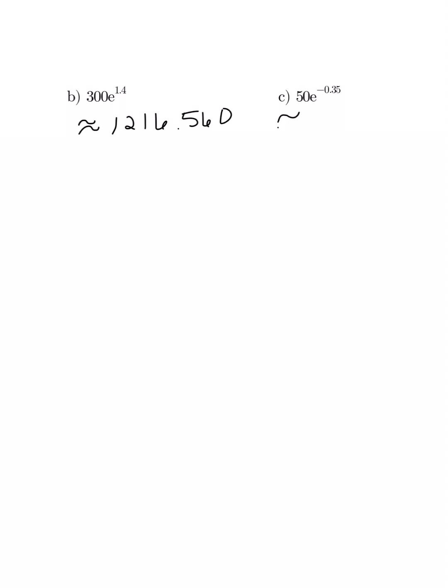On C, when you're doing the 50 times, second e, put in the negative 0.35, close your parentheses, hit your enter, you should be getting 35.234.